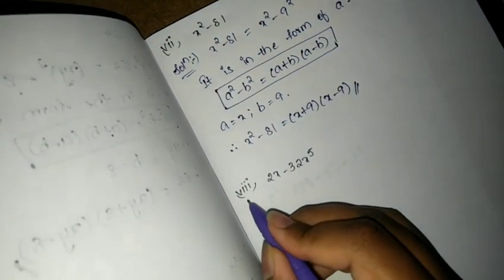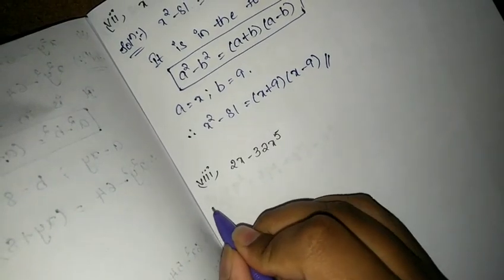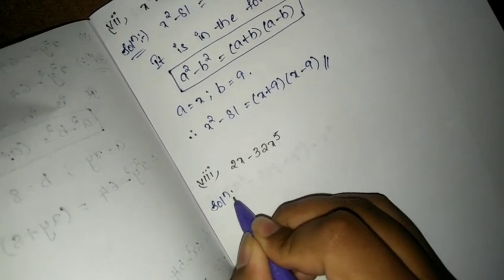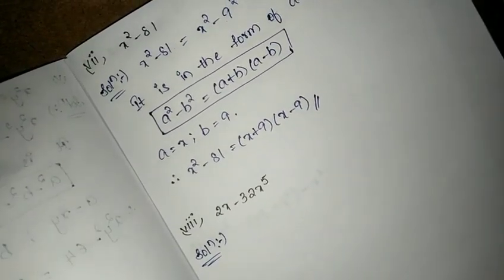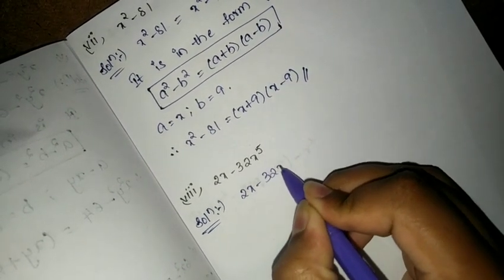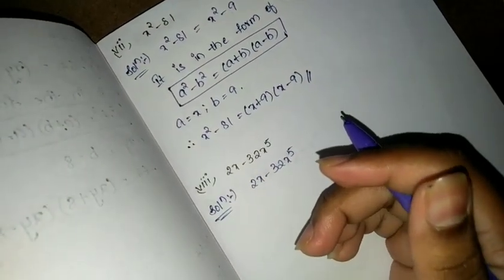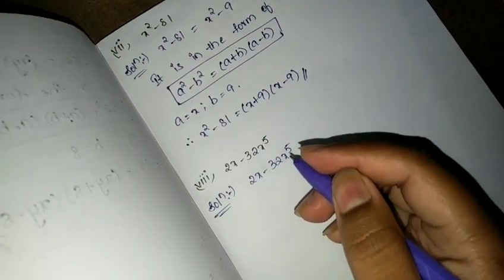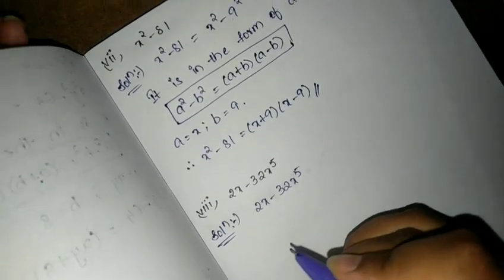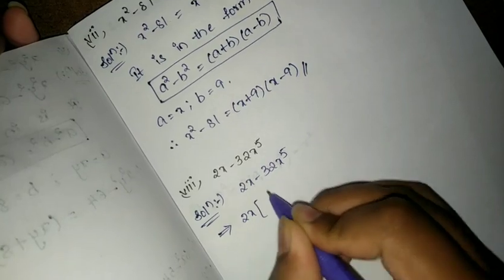Next problem is 8th one. This is some different problem. So the solution for this is 2x minus 32 x power 5. So from this we can take 2x common from these two terms.